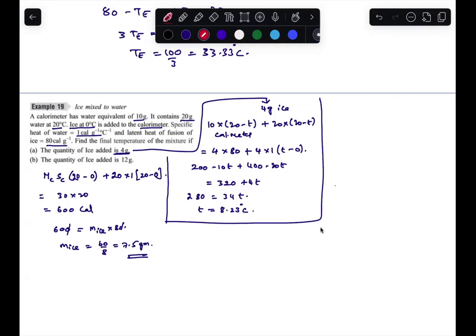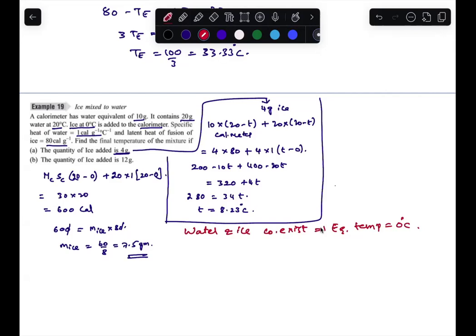So certain grams of ice is left. Anytime in your mixture, if certain grams of ice is left, the equilibrium temperature of that mixture will be 0. Water and ice coexist implies equilibrium temperature is 0 degrees centigrade.